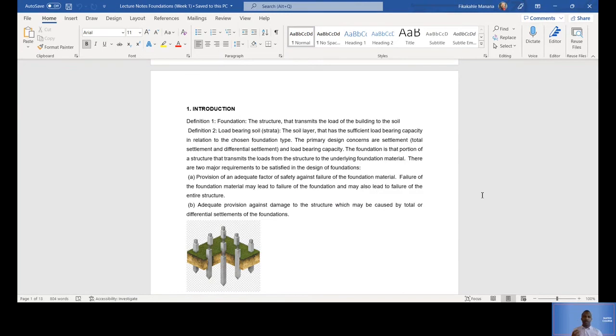That means the weight of the building, the weight of the people that will be in the building, the weight of the furniture, everything that's going to be in the building. It takes that weight and distributes it to the ground. Okay, so that is the function of a foundation.